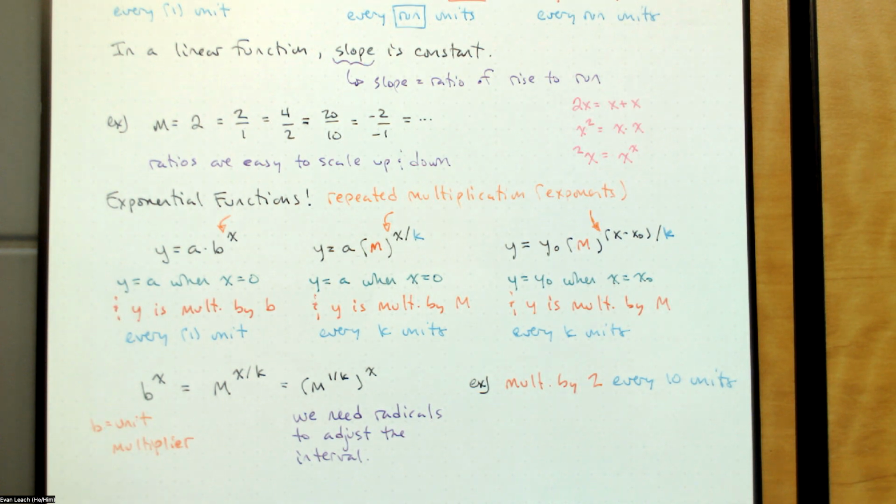I need a 10th root of 2. If it was addition, if we're just adding 2 every 10 units, then it's just 1/5. We can just change the ratio. Simple. But since we want to multiply by 2 every 10 units, to undo that, I've got to take 2 to the 1/10 to find our unit multiplier.